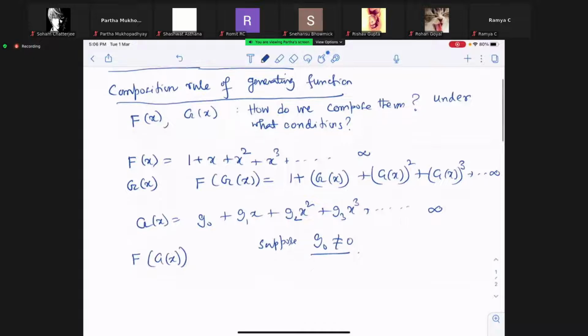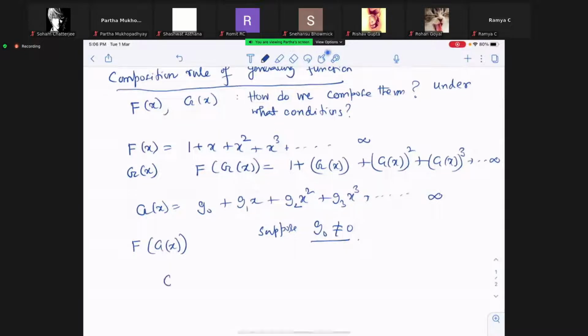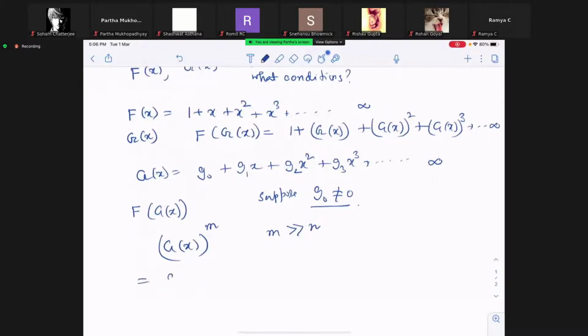Why is that? Suppose you consider g(x) to the power m, where m is much larger than n. Then you will have z0, z1 x, and so on, m minus 1 times z0.